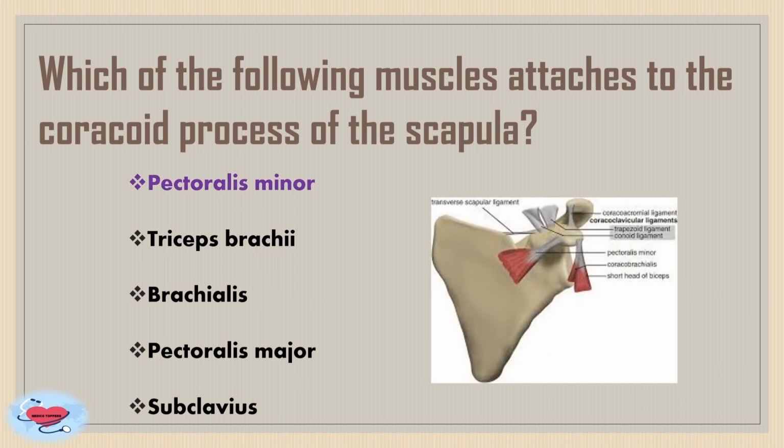As you can see in this picture, pectoralis minor, short head of biceps brachii and coracobrachialis attach to the coracoid process of scapula. Pectoralis minor, short head of biceps brachii and coracobrachialis. And the given option is pectoralis minor. So option A is answer.